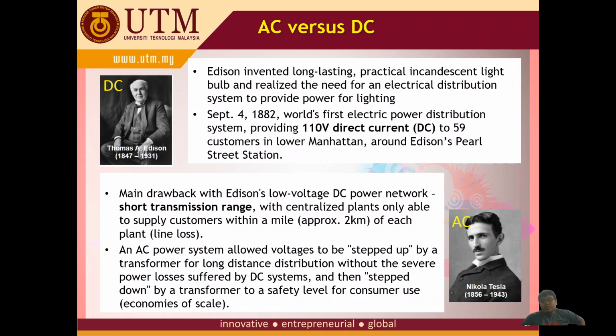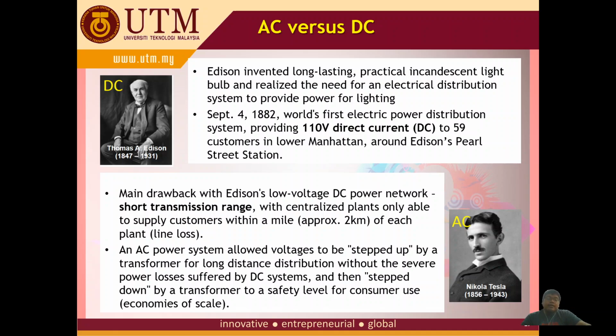So this is a little bit about the history of DC and AC. DC was invented by Edison, practically the incandescent light bulb, and he realized the need for an electrical distribution system to provide power for lighting.